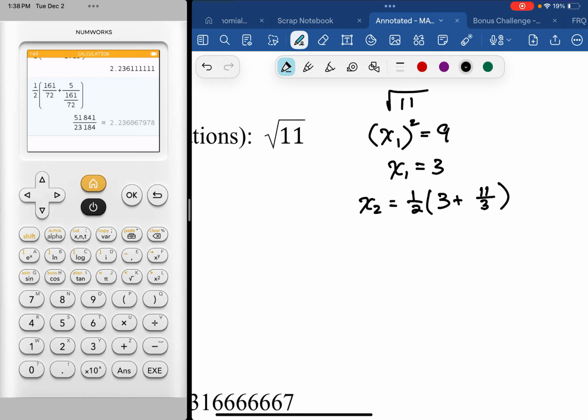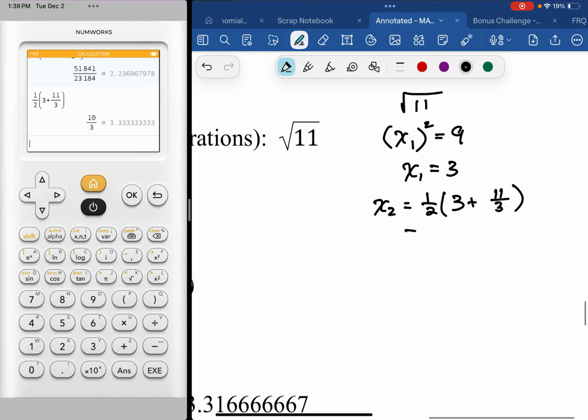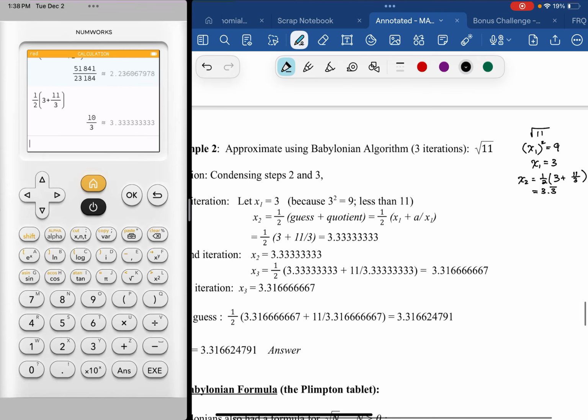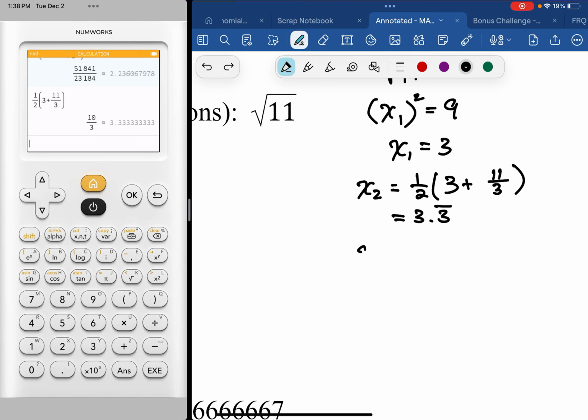All right, 3 1/3. So 3.3 repeated. Then x sub 3 would be 1/2 of 3.3 repeated plus 11 over 3.3 repeated.